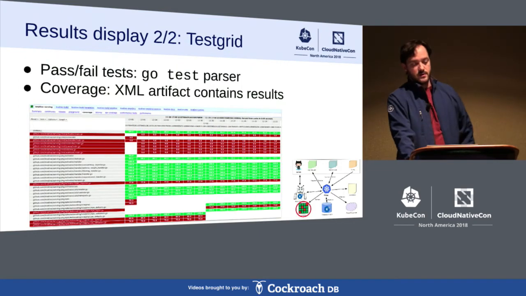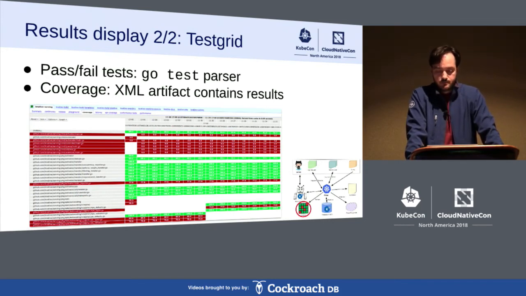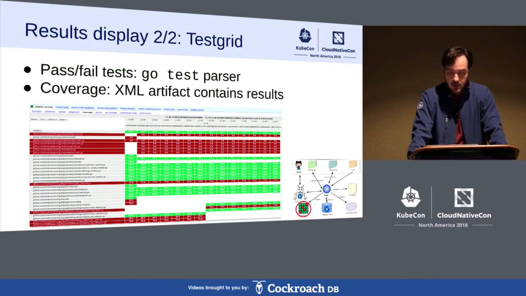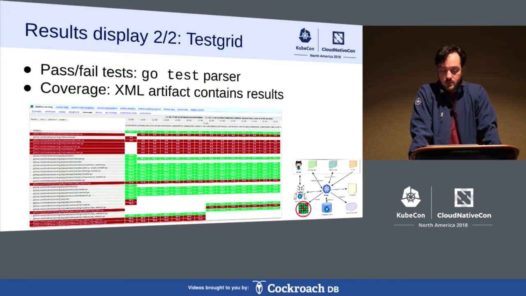And this is Test Grid. Like the name implies, it's a grid with tests and runs. So in this case, we're seeing the coverage, code coverage grid with daily runs. And they contain the code coverage percentage.